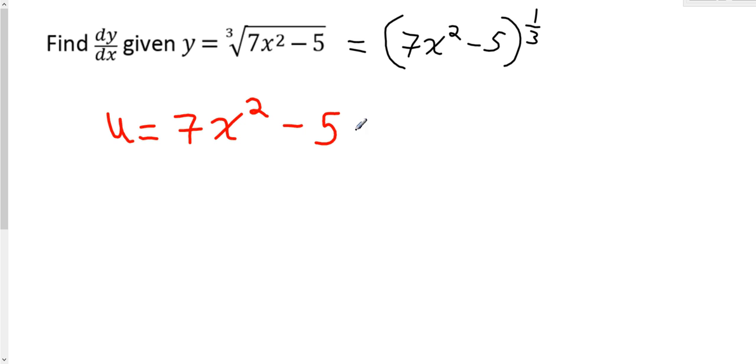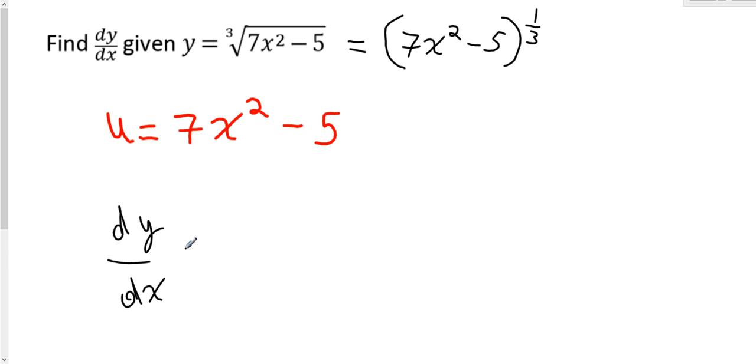In that case, y can be seen as u to the 1/3 power. If you make this u substitution, then this is just a power of u to the 1/3 power, right? Now I want to find dy/dx.